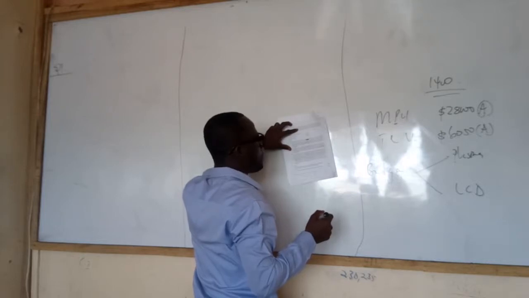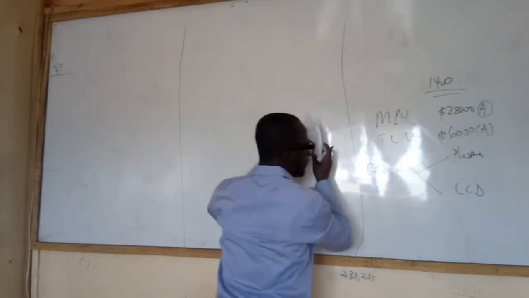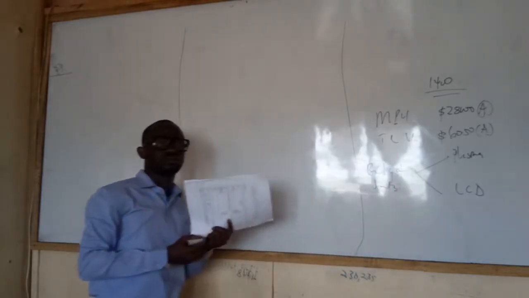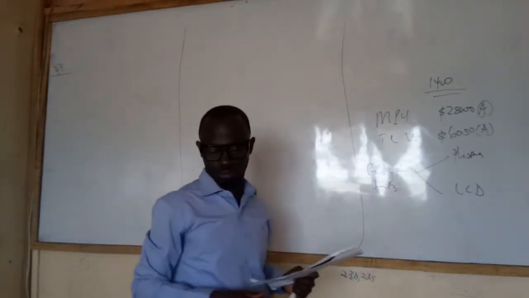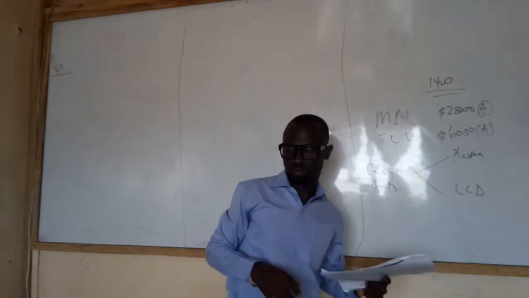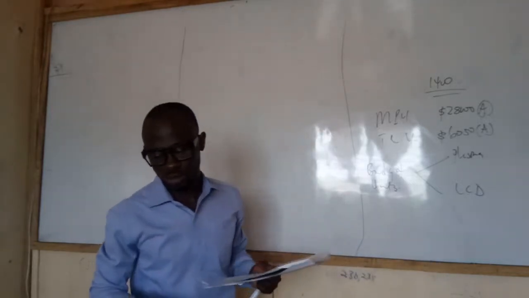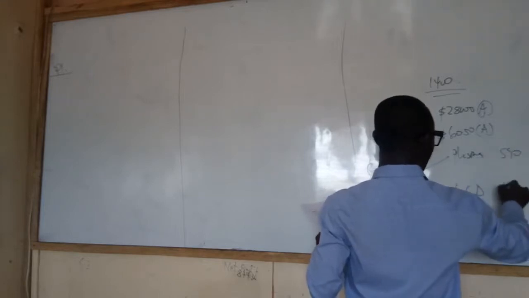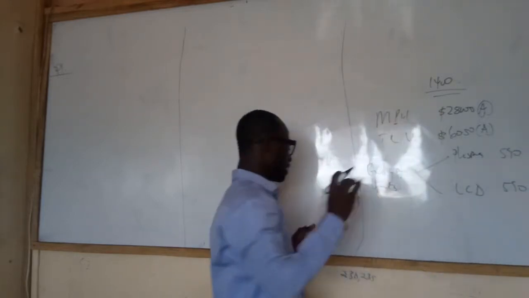Can I have an answer? 590 for this, 590 for that. That's the first thing, budgeted units.